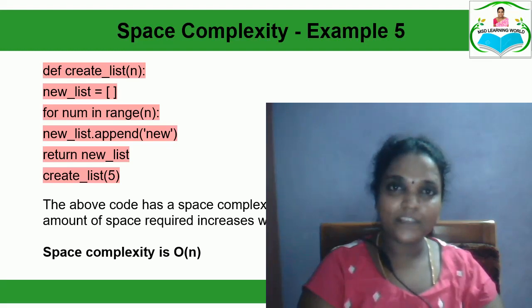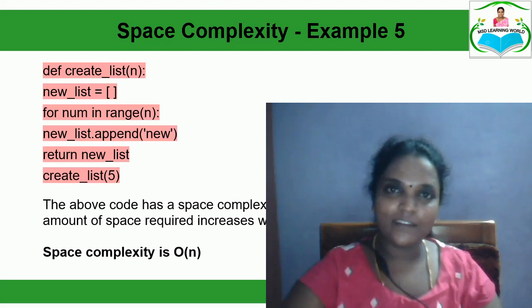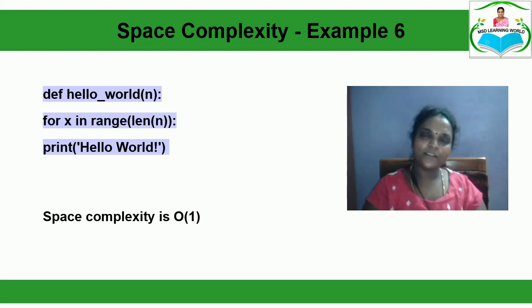So the space complexity for this example is order of n. Here in this example, the statement hello world is printed n times, for x equal to 0 to n. This program is not utilizing any list or arrays. So the space complexity of this program is constant, which is order of 1.